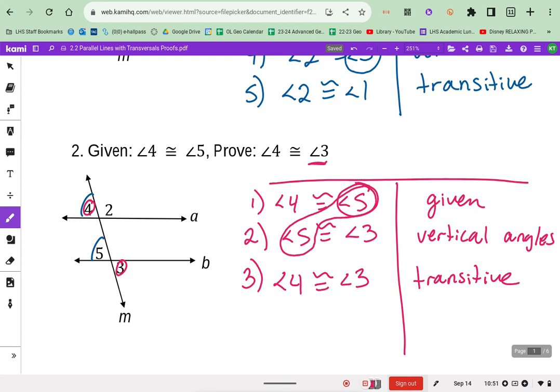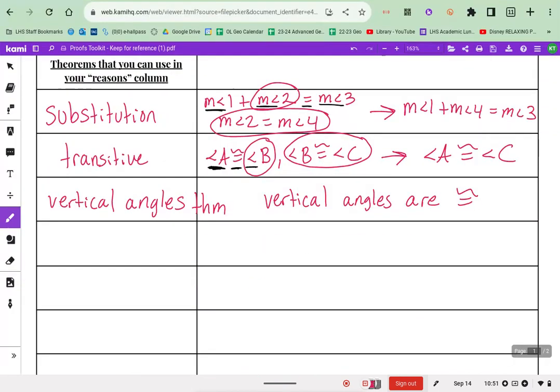Okay, so now we are going to do the same thing but add one more step. So over to your proofs toolkit and we're going to add something else to it. We're going to talk about the definition of congruent.